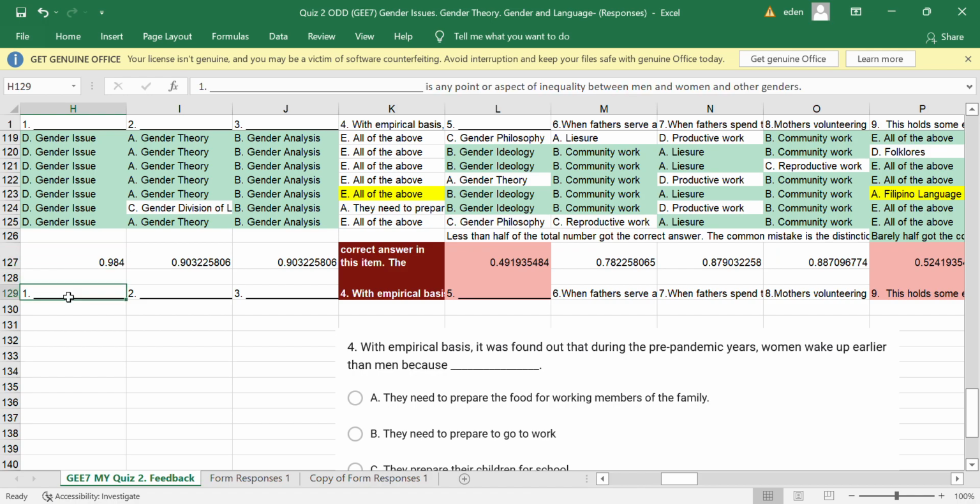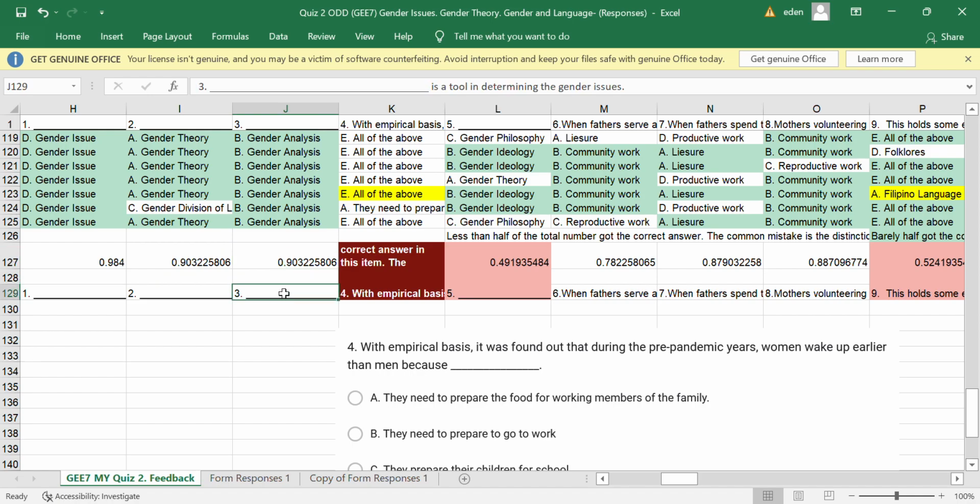The question was about any point of inequality, so this is about the gender issue. And only a few got the answers wrong. And this is about theory, the definition of gender theory.